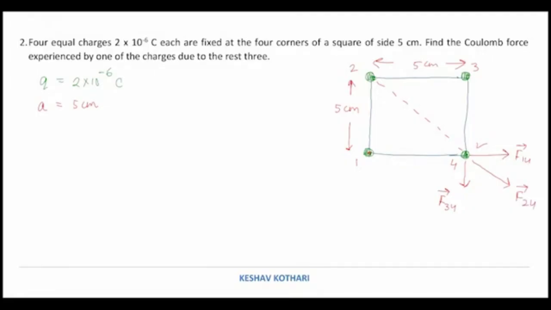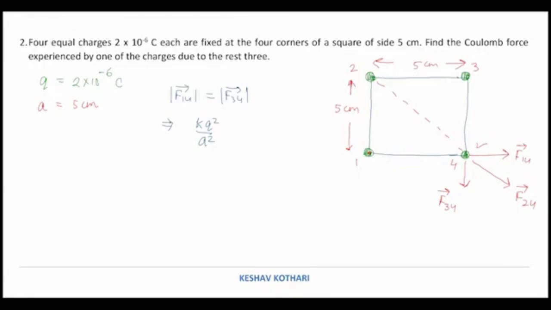Now the magnitude of F14 and F34 is going to be same because the separation and the magnitude of charge is same for both 3 and 1. So we write this force as k q1 q2 by the square of side a, that is k q square by a square.